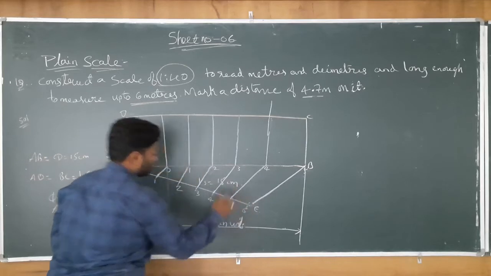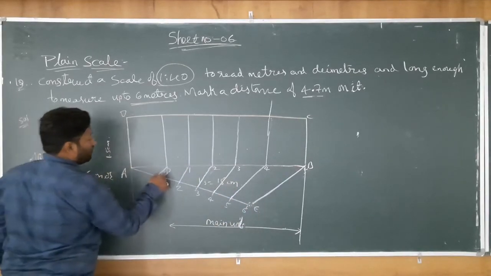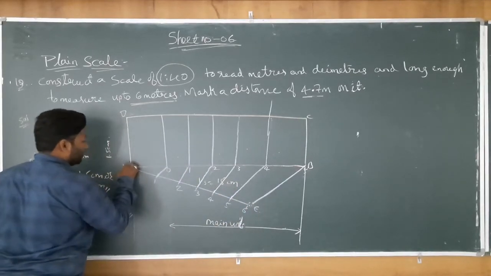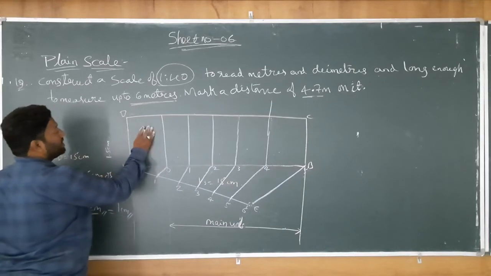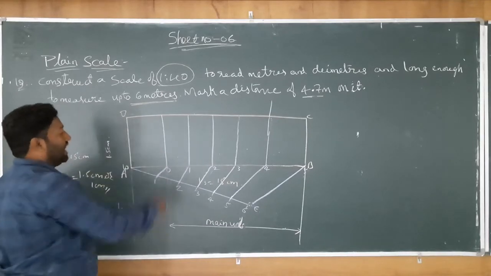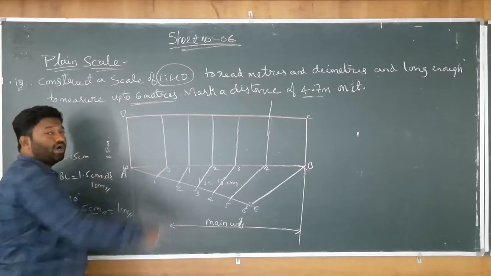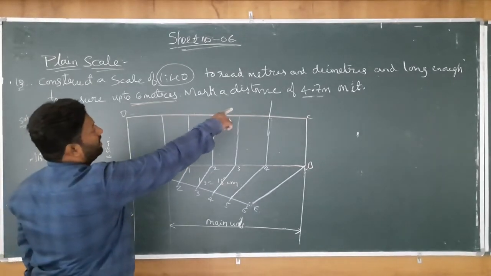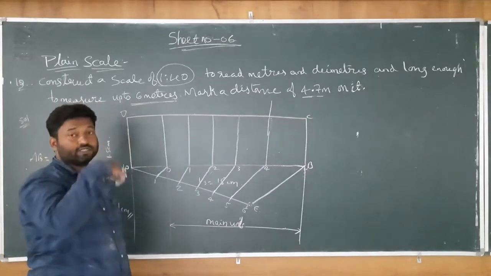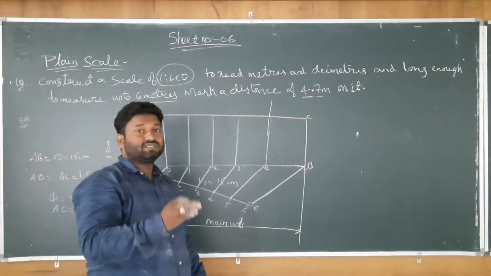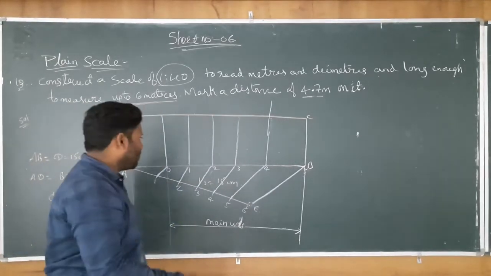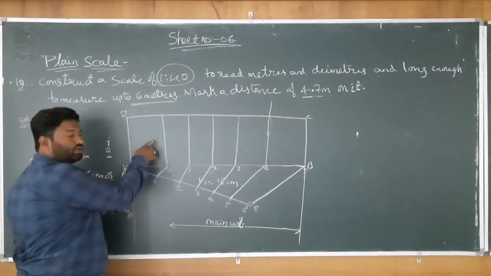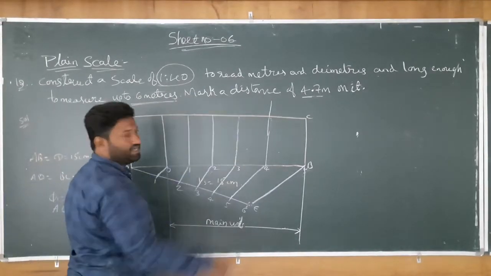Now in this I will mark 10 here. This is my sub unit, which I have to divide into 10 equal halves, because here we have 4.7 meter, where 4 is in meters and 7 is in decimeters. So this 1 unit I will divide into 10 equal halves to represent the decimeters.